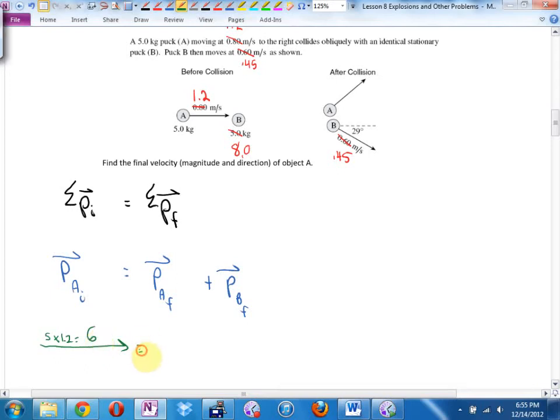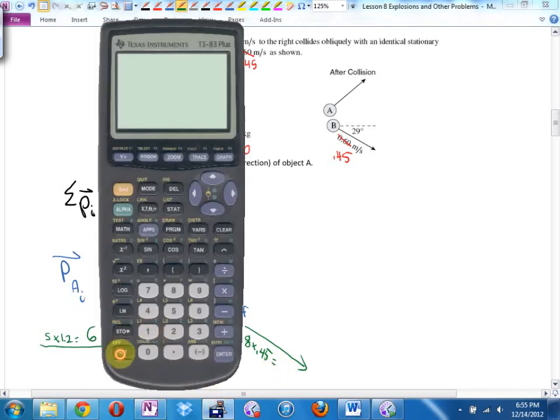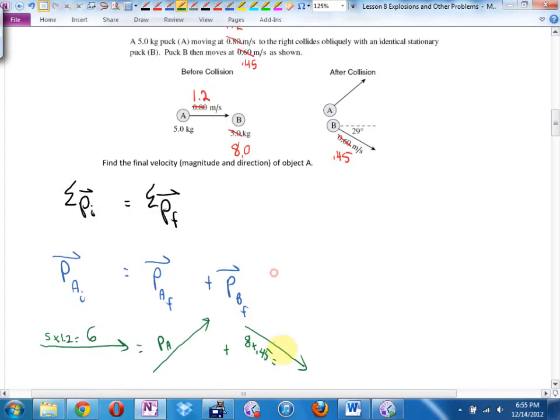And that's going to equal mystery momentum A that I don't know, plus the final momentum of B, which is 8 times 0.45, 3.6. Oh, and they gave me an angle. They told me that it was 29 degrees.